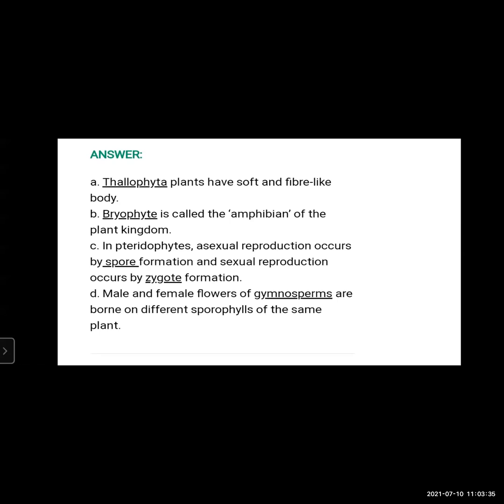Gymnosperm. I hope you have written down the answers in your textbook. And if you don't have the textbook, you can take the screenshot so that you can complete your notebook. Now let us move on to the next.